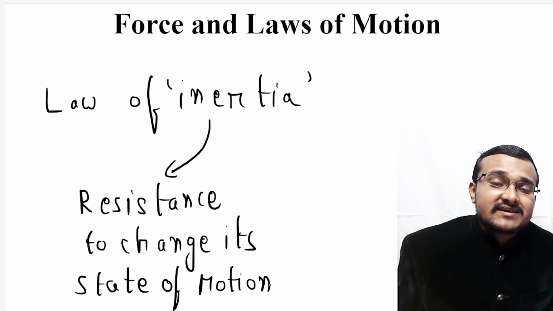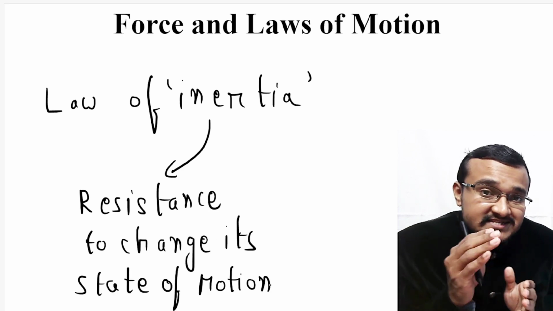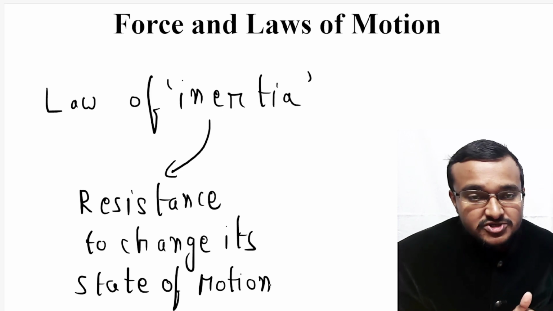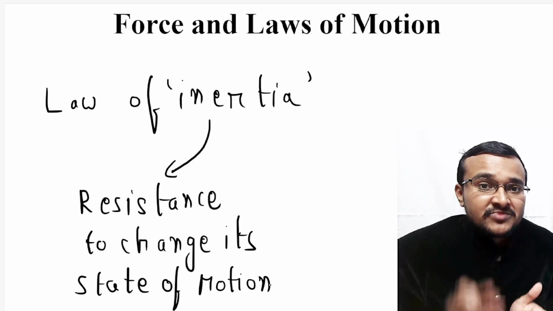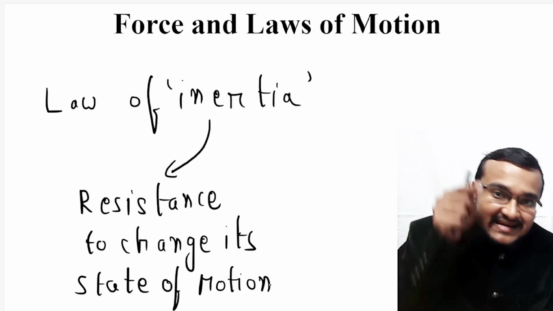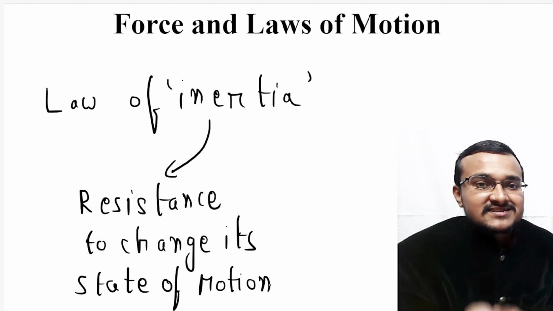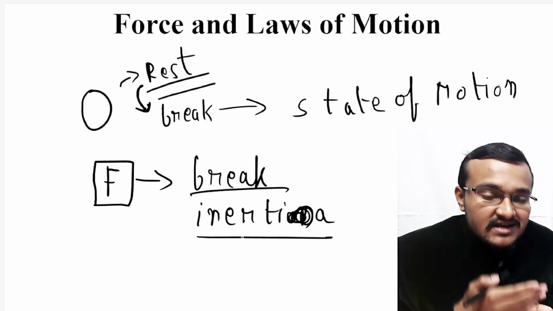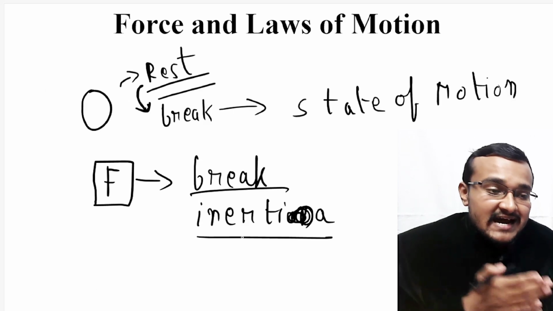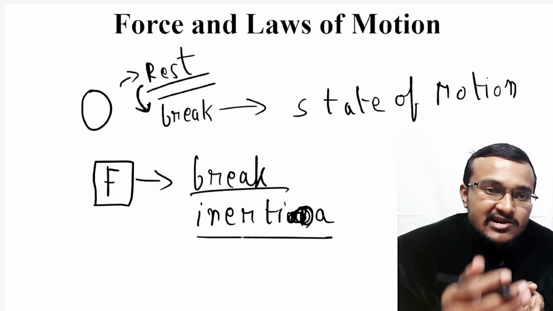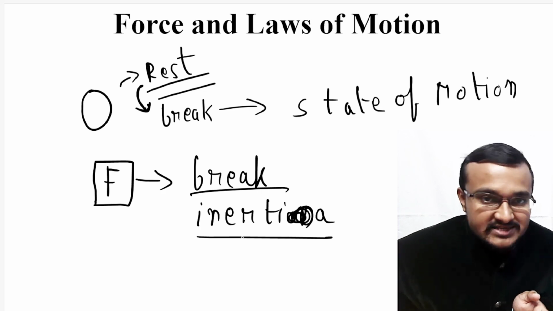Now if you apply a force which breaks this resistance to change the state of motion of any object, then you are applying that much force to overcome the inertia and change the object's state of motion. For example, if it was at rest, it comes into motion, and if it was already in uniform motion, it will be accelerated or come back to rest.